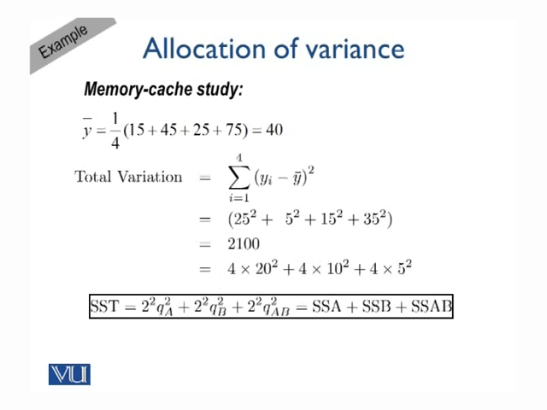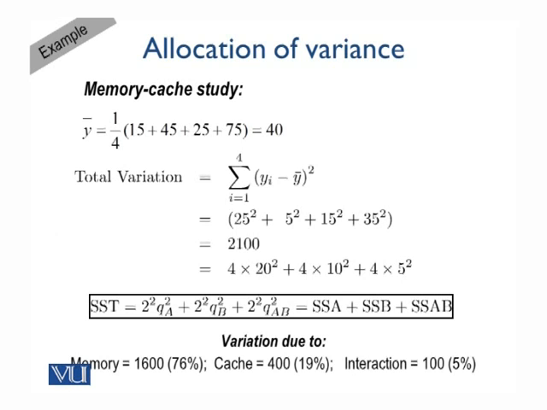When we calculate via that method, we also get a value of 2100, which shows that both these things are equal, SST and the sum of SSA, SSB and SSAB.